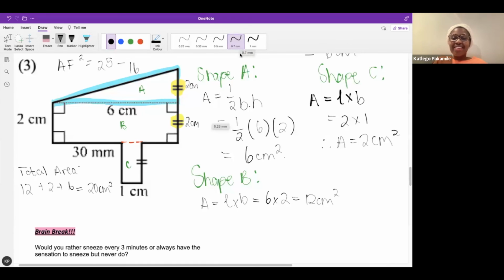So you'd rather sneeze every 3 minutes? Whoever chooses the sensation, what is wrong with you? That feels terrible. I'd rather sneeze every 3 minutes, guys. I'll even time it. I do have sinuses, guys.